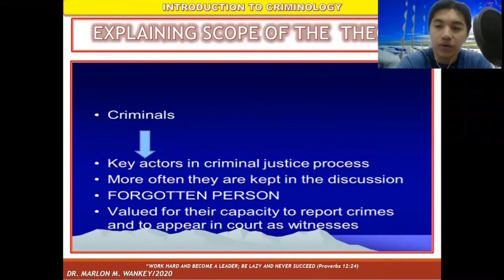Okay, so these are the criminals who are the focus of the case.